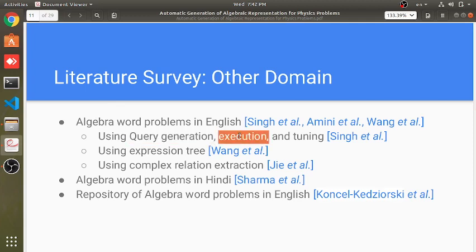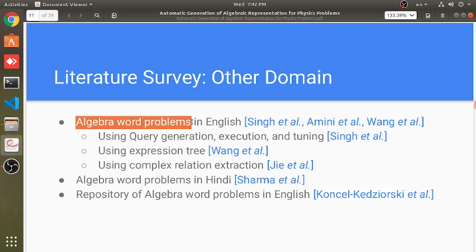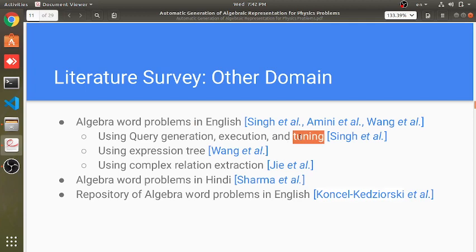Executing it means they are searching with the algebraic representation so that they can get the algebra word problem itself or some other problem of similar type, and then they are tuning based on their requirement. So if you have to create a different version of the same problem, you simply can tune it and you can generate a lot more.